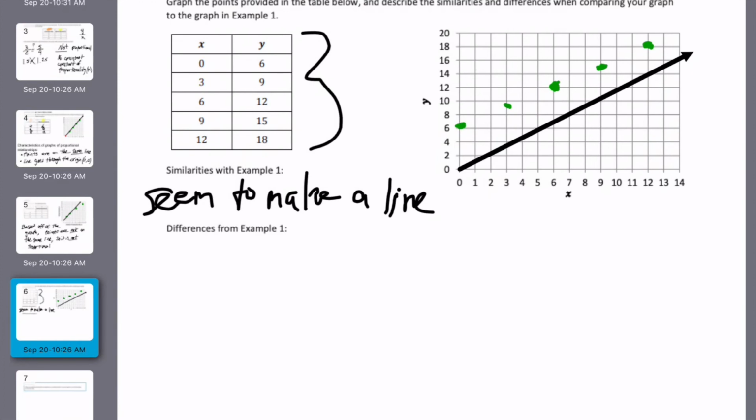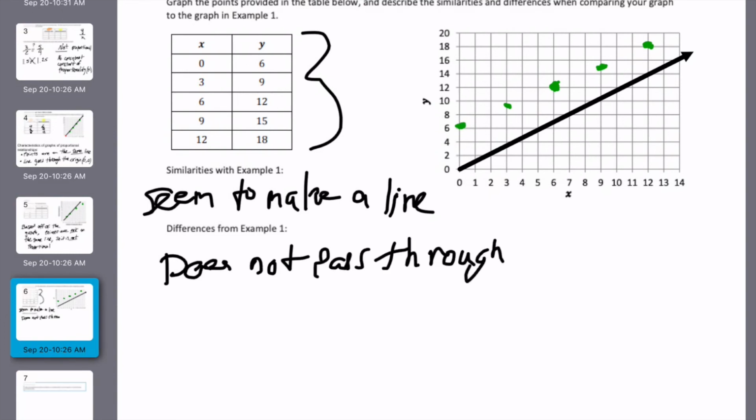But the difference is that it doesn't pass through the origin. In fact, even though it starts at a 0 value, it starts all the way up here at 6, which automatically tells me that it's not going to be proportional.